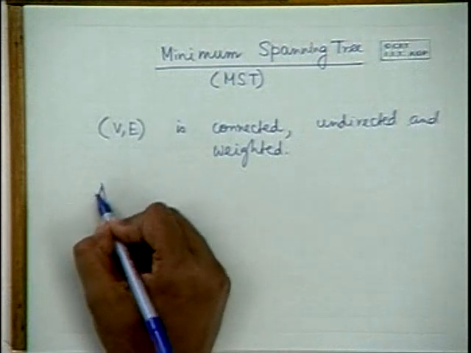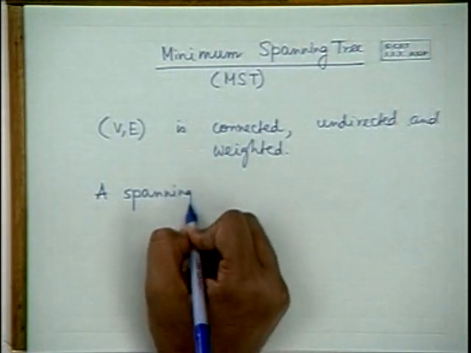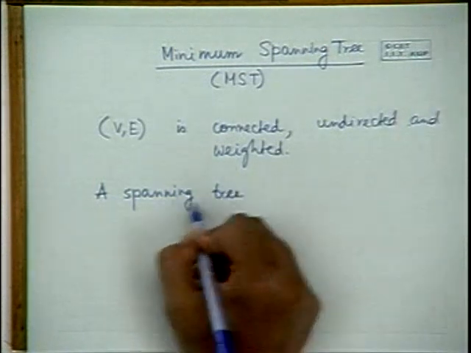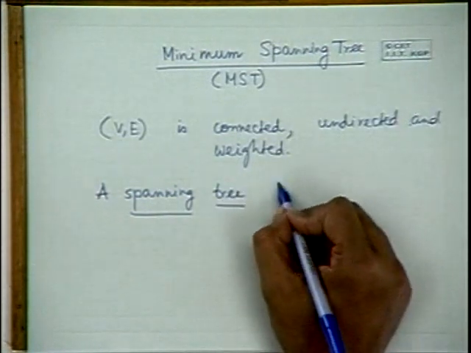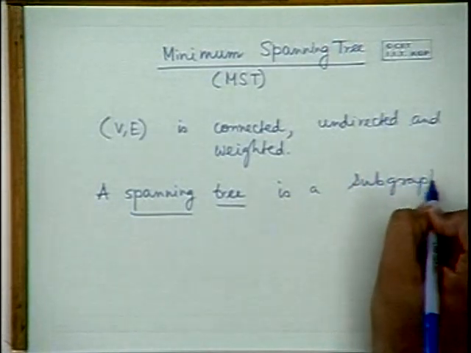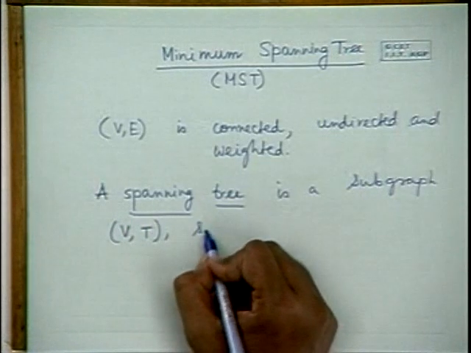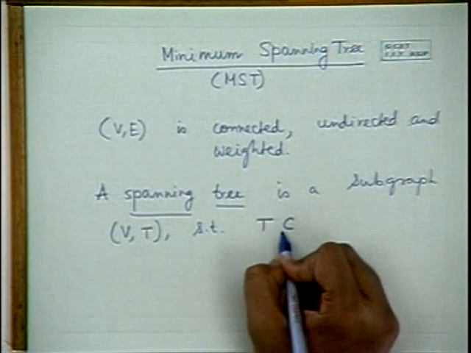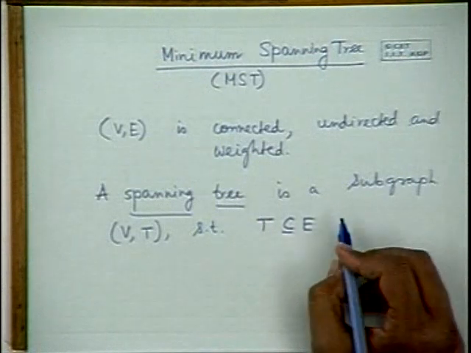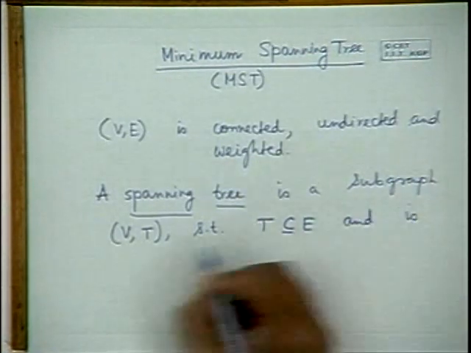What is the spanning tree of the graph? A spanning tree is a subgraph (V, T) such that T is basically a subset of E and it is cycle free.